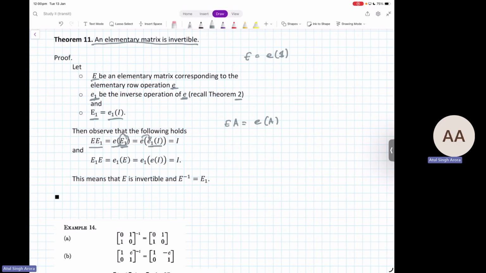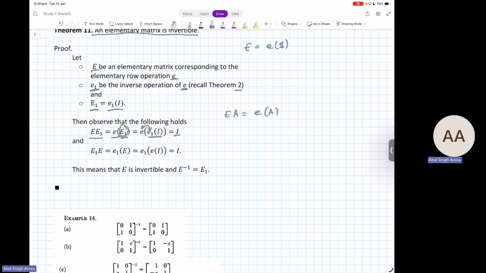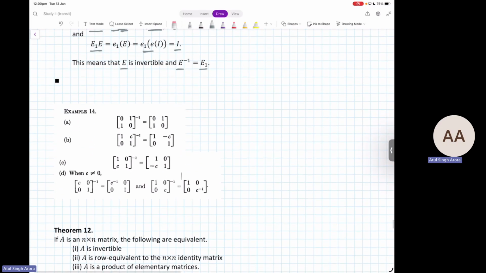We know that E1 is the inverse of E, and we also saw that the order doesn't matter, so you will get identity. Does it make sense? One can also run the same argument backwards and you would get the same result, which means that E is invertible and E inverse happens to be E1. Very straightforward.